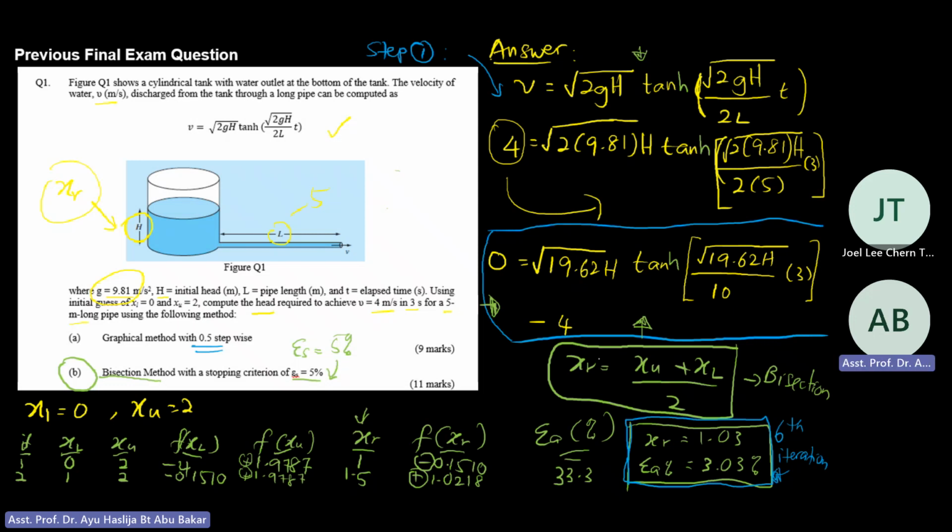So with bisection you get 1 point something, so it's still in the range. If you get, for example, 5, then your answer is wrong, because answers from A and B should be in the range. It just uses a different method.